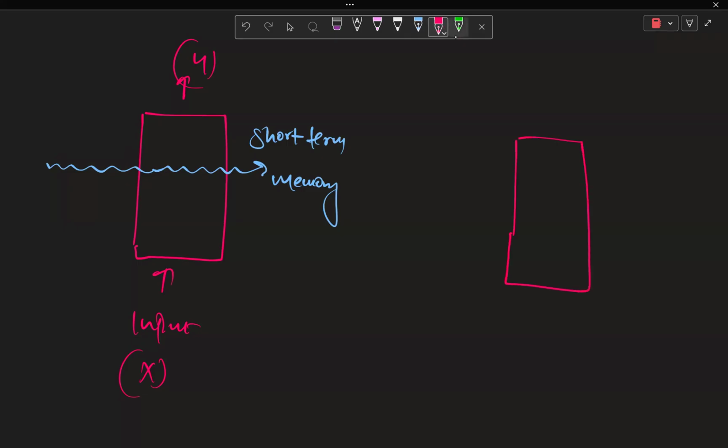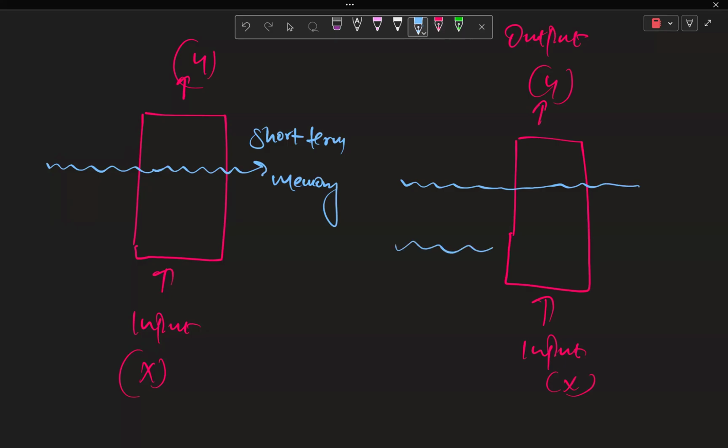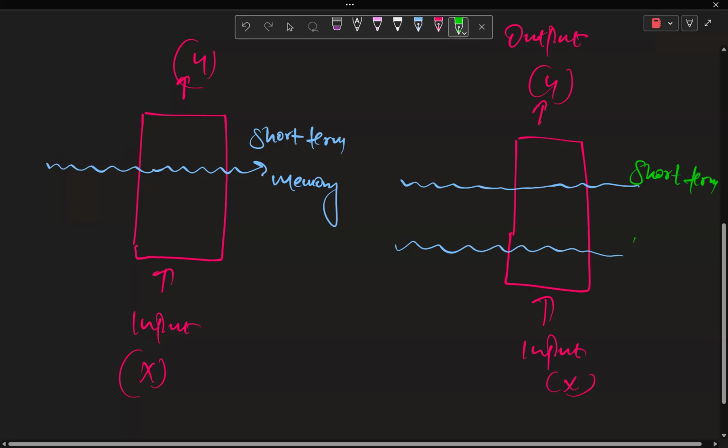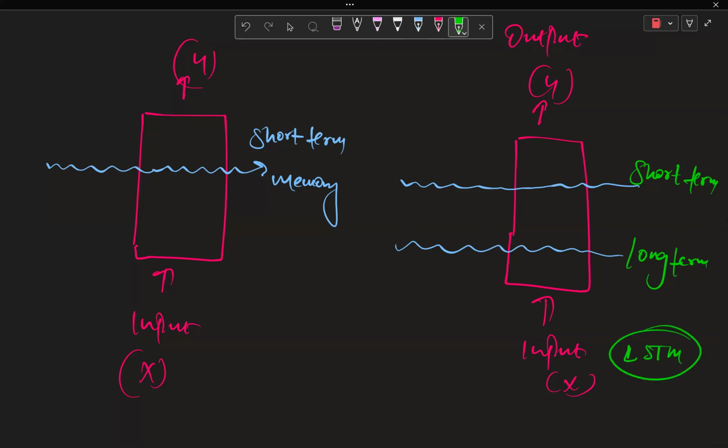In LSTM, what happens? It has two types of memory, short-term and long-term. That's why it's called LSTM. And this is the structure of your RNN.